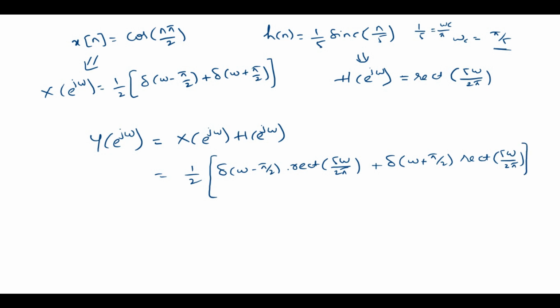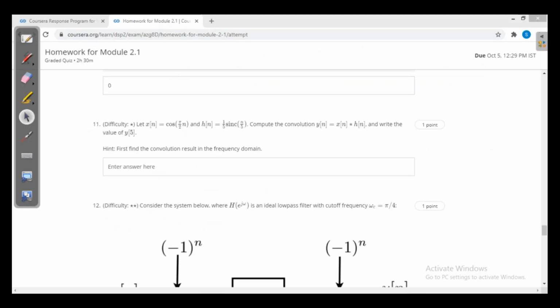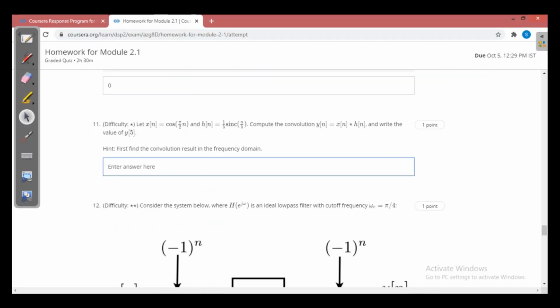See, this is the impulse signal that exists only at the pi by 2, and this is 1 from minus pi by 5 to plus pi by 5. So there is no common region, so simply the product is 0. Okay, now the y of 5 value is simply 0.